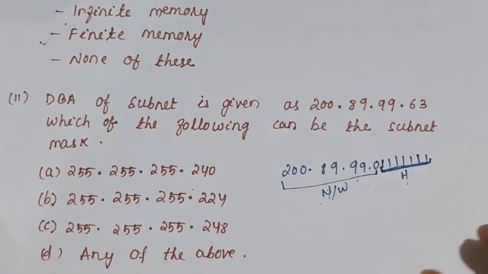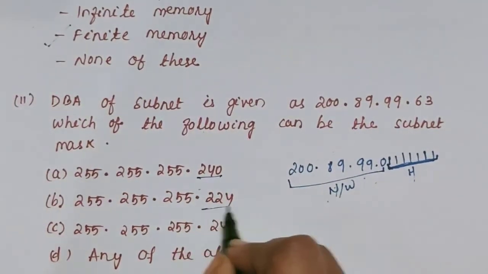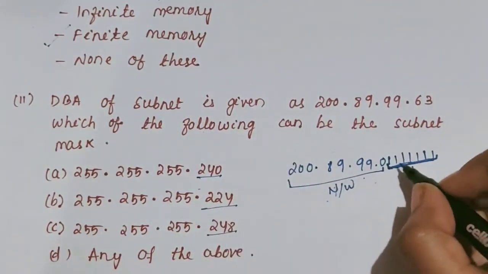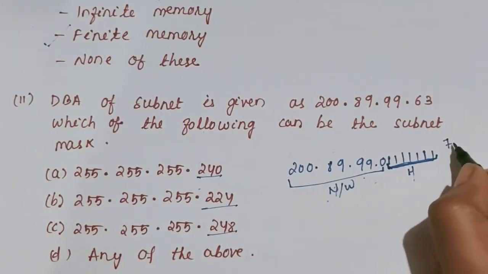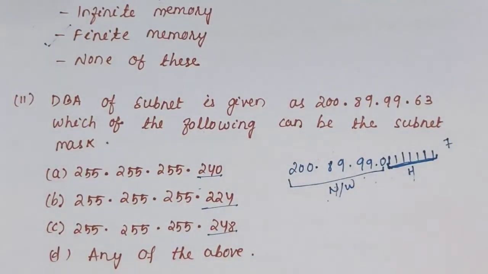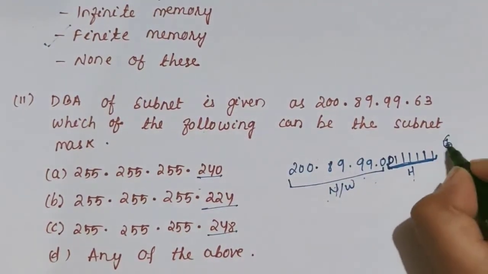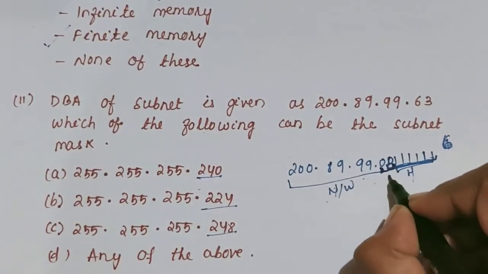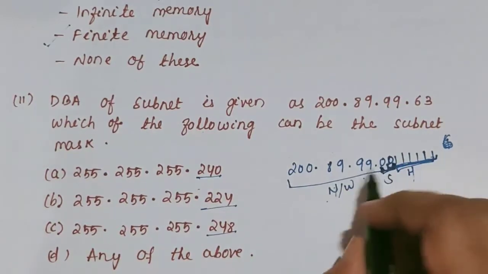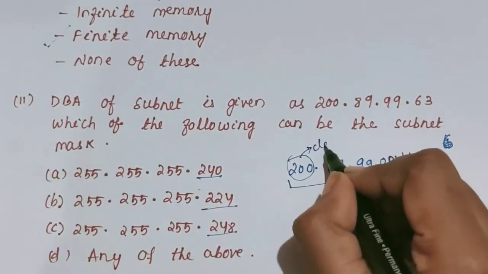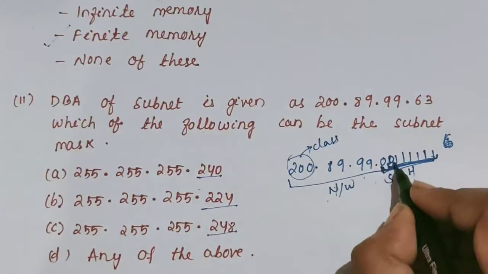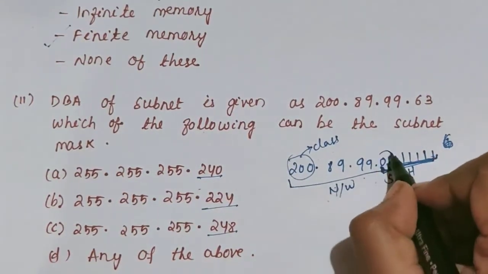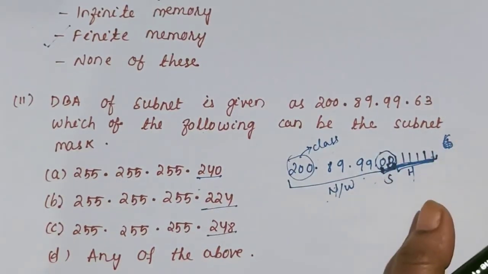Sorry, there are 6 host bits. This is 200, so this is class C, and for class C 24 bits are network bits and 8 bits are host bits, and these 2 bits are already taken for subnetting.